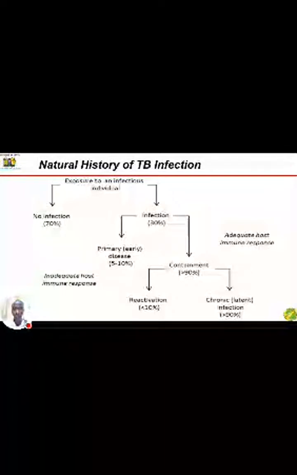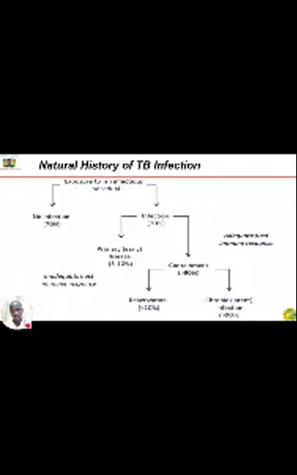Number two, the person had exposure and eventually became infected. This is 30%. Of the 30% that got the infection, we have one side with primary or early disease, that is diagnosed with early TB infection, that is 5 to 10%.